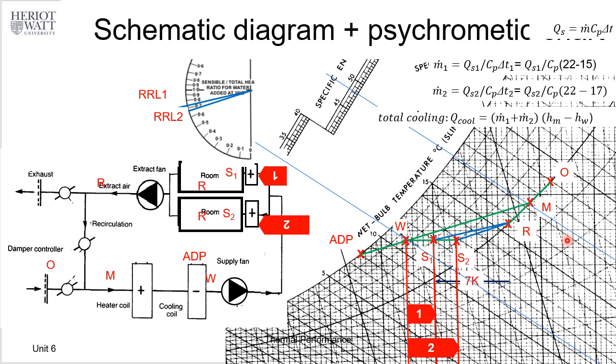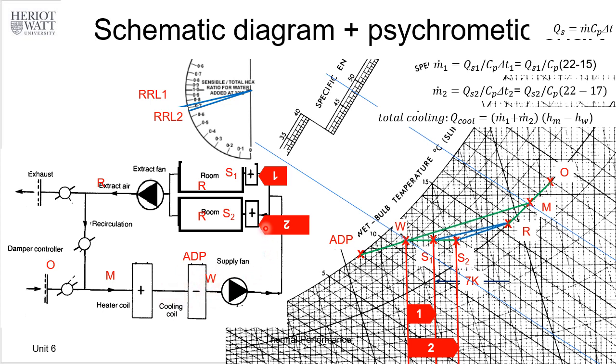So either way will do. But here, for the sake of simplicity, we can just show this using the enthalpy. And this is the system load for a cooling coil.